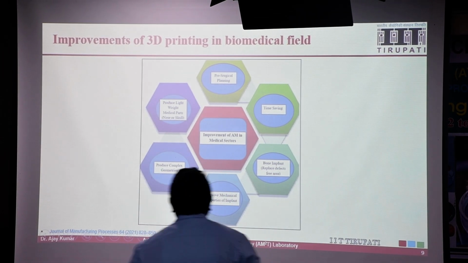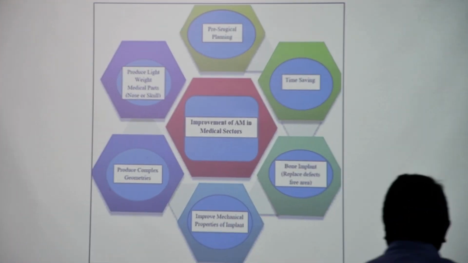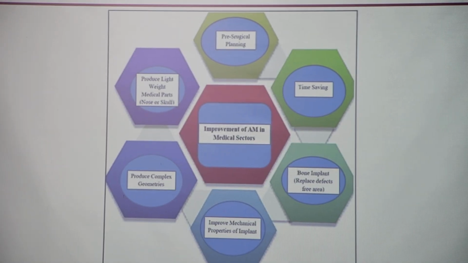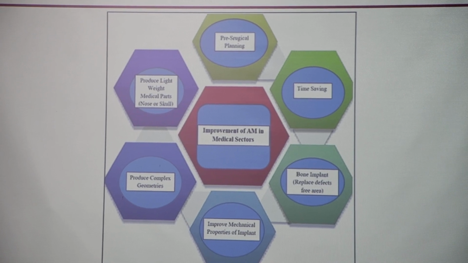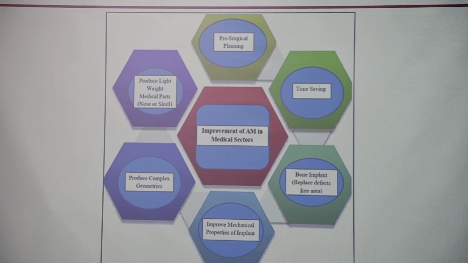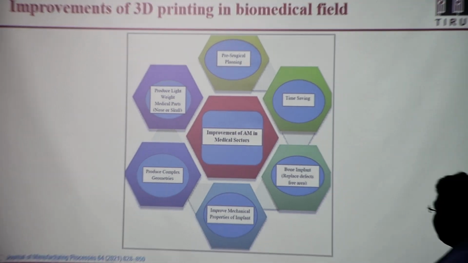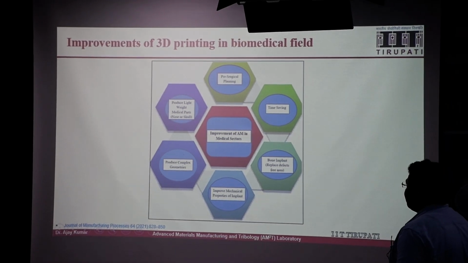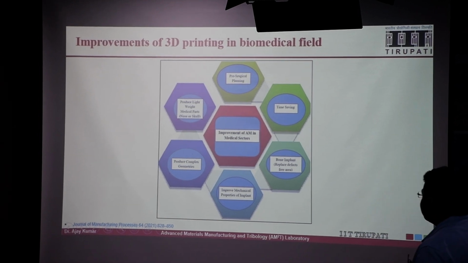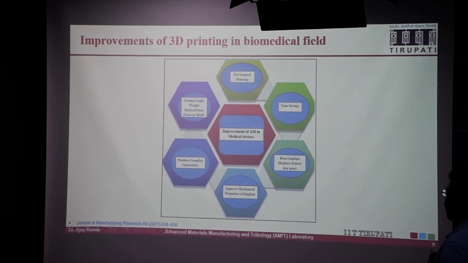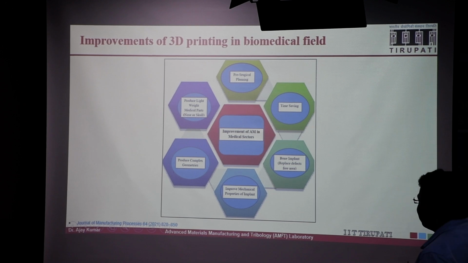Now, what are the improvements of 3D printing in the biomedical field? What improvement is required in this field: first is pre-surgical planning, then lightweight medical parts, producing complex geometries, bone implants, improved mechanical properties, and time saving.